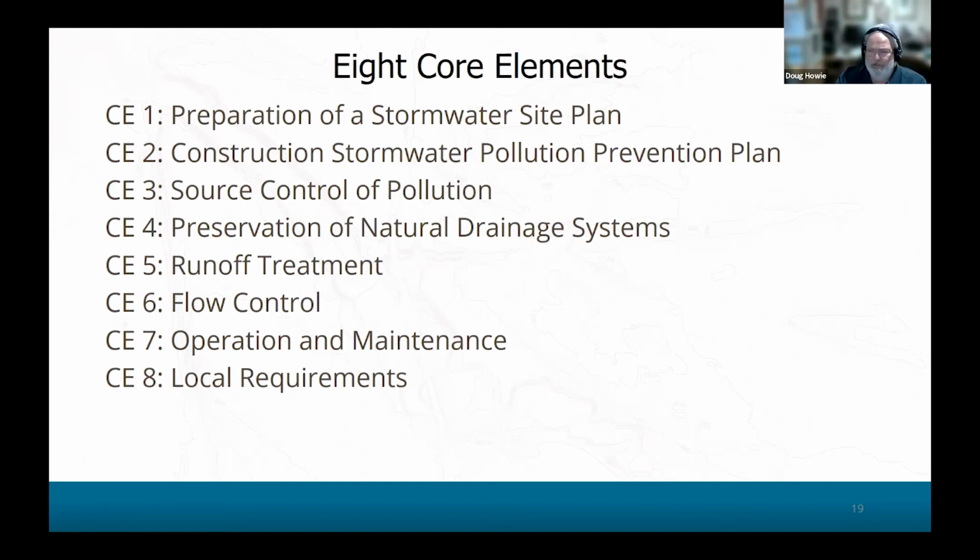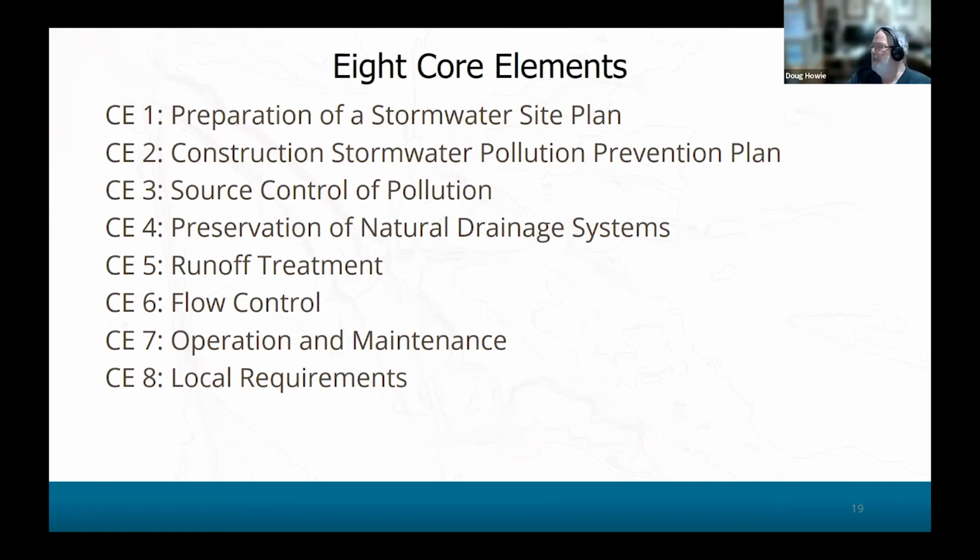That has some problems in that if we put them in the manual, they are there for 5 years or until the manual is updated. And the local jurisdictions may want to change those requirements more frequently than once every 5 years on the schedule of Ecology. So we felt that those local requirements fit well within a core element, that the jurisdictions could have specific requirements, and the proponent would be forced to look at those local requirements in order to meet core element number 8.